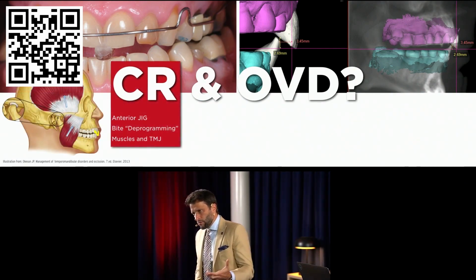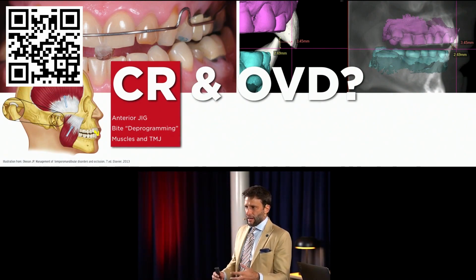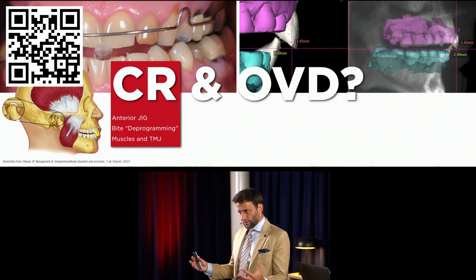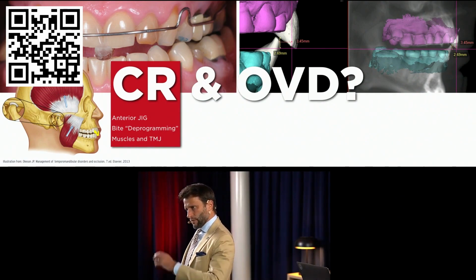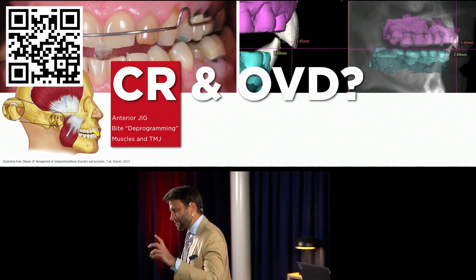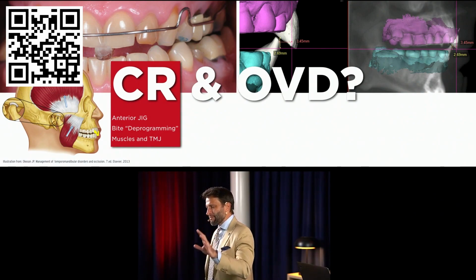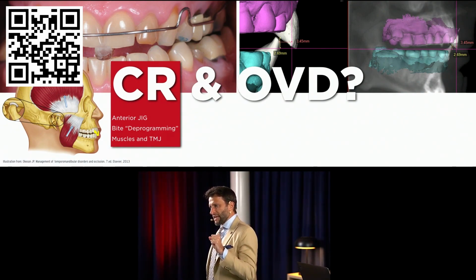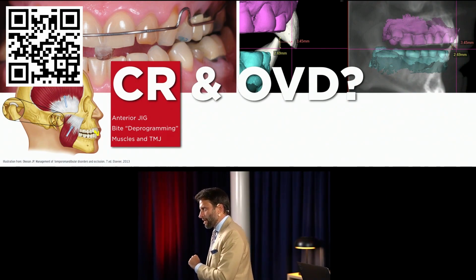Now, what we know is that CR and vertical dimension are two different things. The centric relationship is a jaw relationship, not a tooth relationship. Centric relationship is a jaw relationship that is guided by the muscles and the TMJ. So to register the centric relationship, we need to take the teeth out of the game.